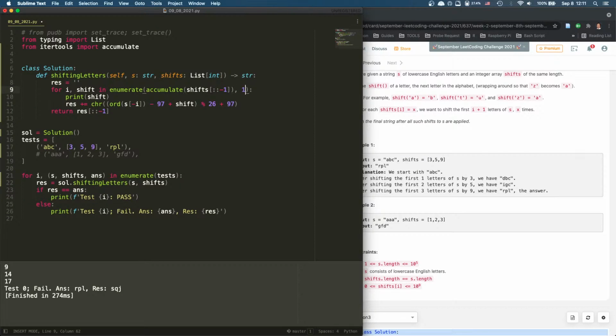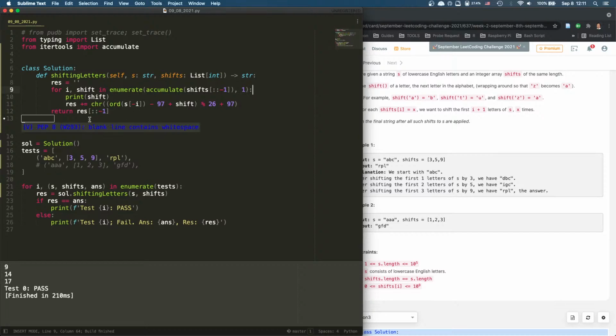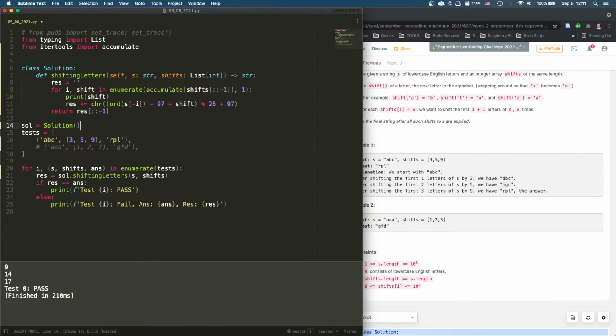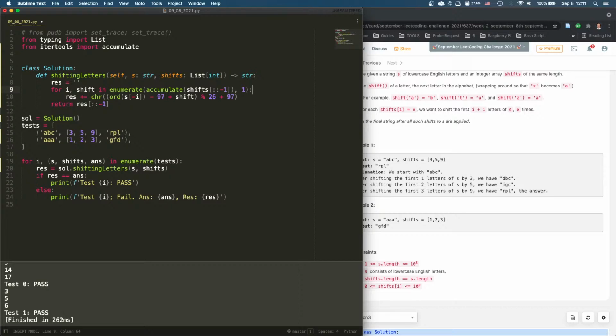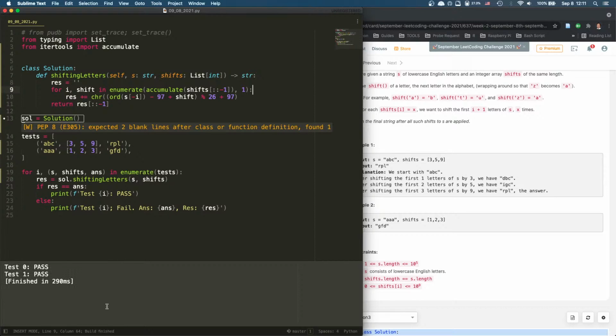What if we start with 1? We start with 1, and then this one shall work. Yeah, start with 1, it works. All right, so I think it's possible to get it down to 1 line.